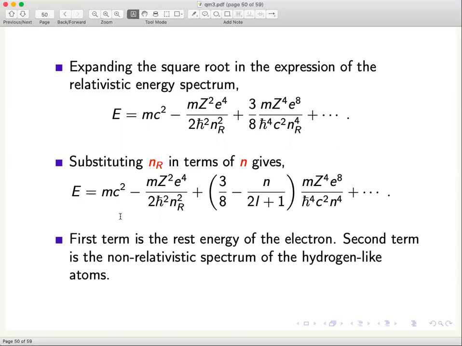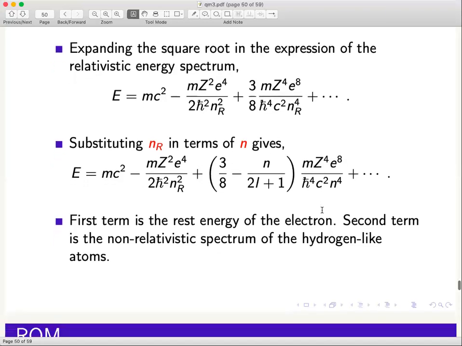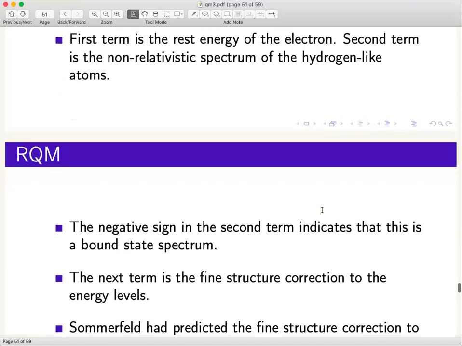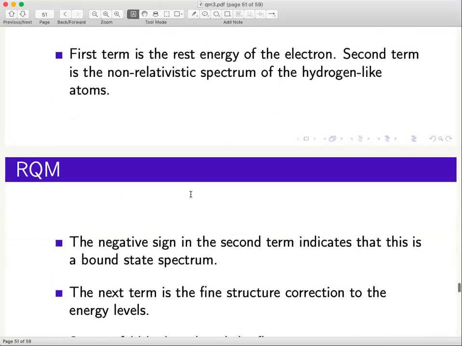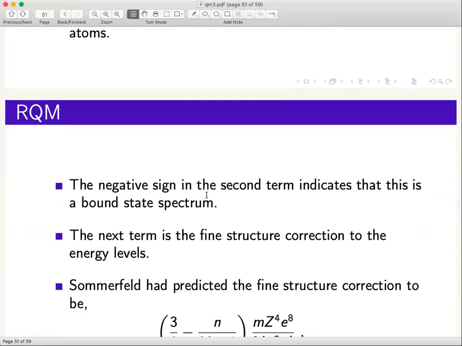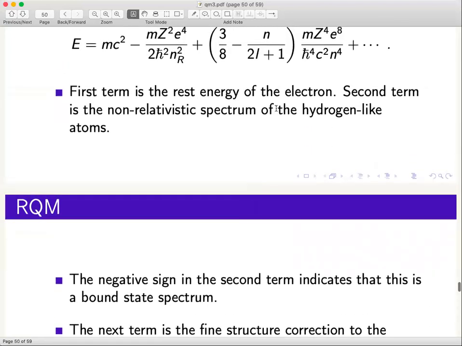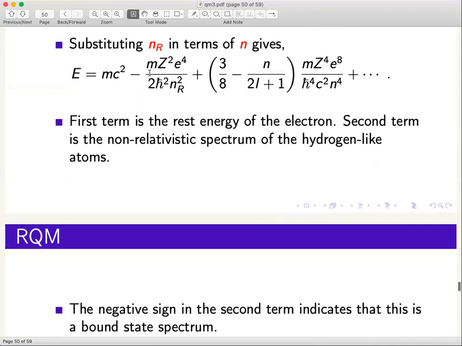Fine. So we can easily identify these pieces. This is rest energy, this is hydrogen atom spectrum. This is the piece which is called the fine structure correction to the non-relativistic hydrogen problem. Now, of course, we know that the negative sign that appears here is a statement that it's a bound state spectrum, and we want to understand the structure of these new corrections, called fine structure corrections to the leading order hydrogen atom problem.